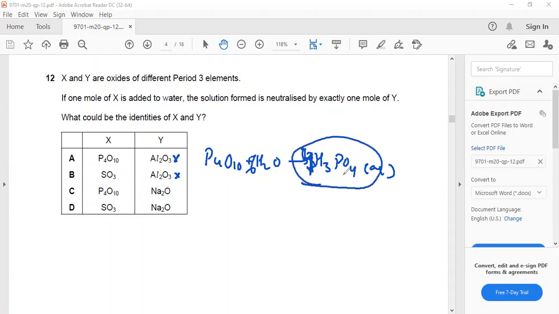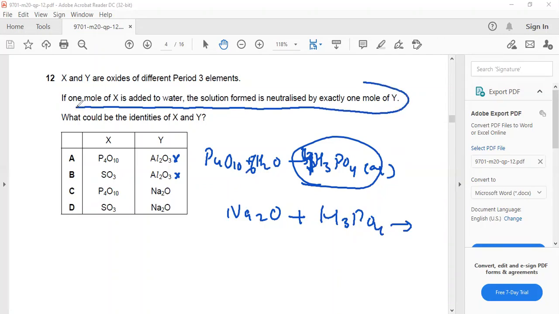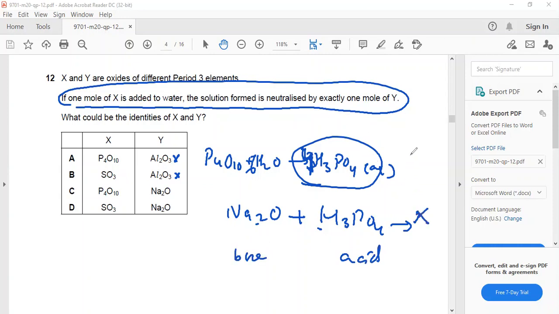Now if you react it with sodium oxide, it will not need 1 mole. The question is, 1 mole of X is added to water and the solution formed is neutralized by exactly 1 mole of Y. Phosphoric acid is an acid, and a metallic oxide is a base, so this does not come true on this fact.